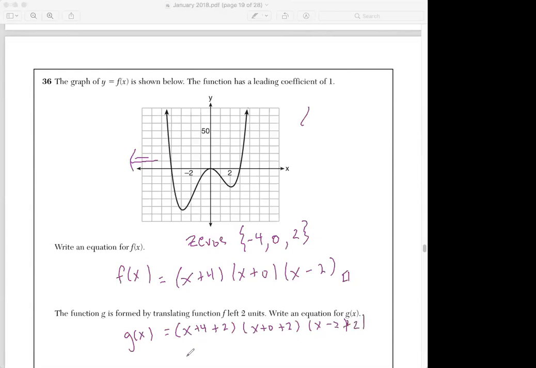So we get x plus 6, x plus 2, and just x, or x plus 0. That is to say, this 0 would now go over there.